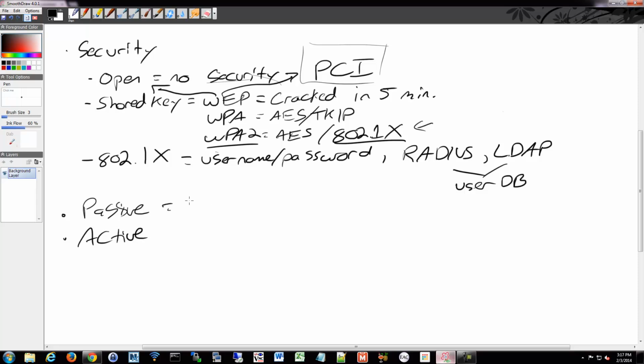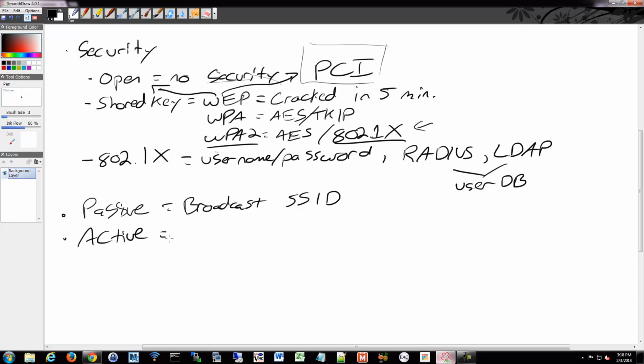So passive client means the environment will broadcast the SSID beacon, and every so many seconds the beacon gets sent out, and when you go into like a laptop and you click on the little wireless icon and it says here's all the different wireless networks that are available, that's passive mode. So the client doesn't have to do anything to see the wireless network is there, because the environment is creating that SSID to be broadcast out and shared with everybody and say, hey, this is available for you to connect to.